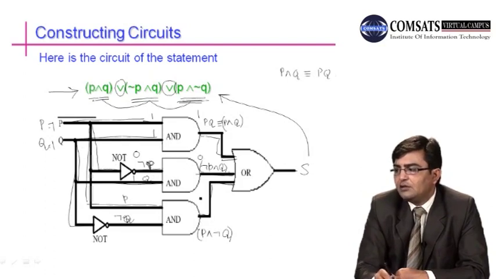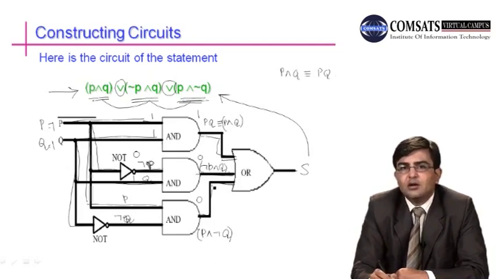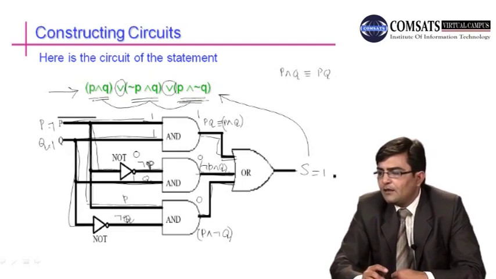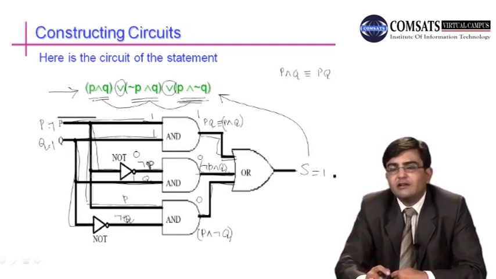Similarly, the output is 0, and we have OR operator with 3 inputs 1 0 0. As there is an OR operator, therefore the output will be 1. So we can find the output if we are given the input of any circuit.